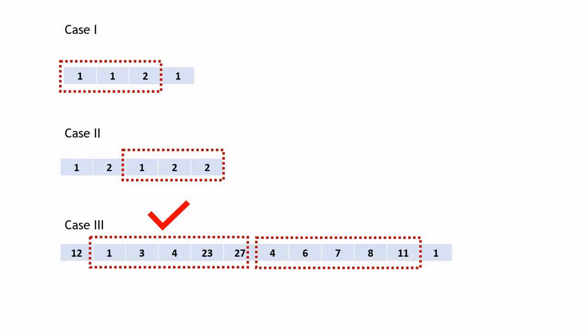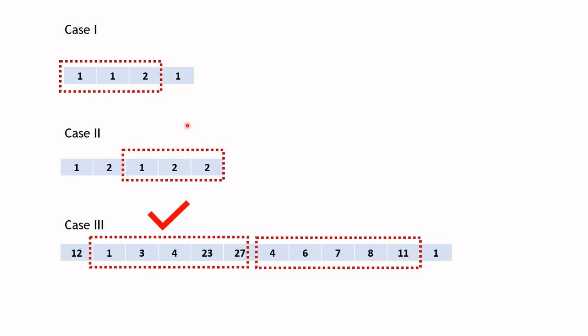It should be the first sequence. So here we will have to see whether the numbers that are coming next are equal to or more than the number that is in the beginning. Okay, so that's the logic, and we'll have to put all those in one list.